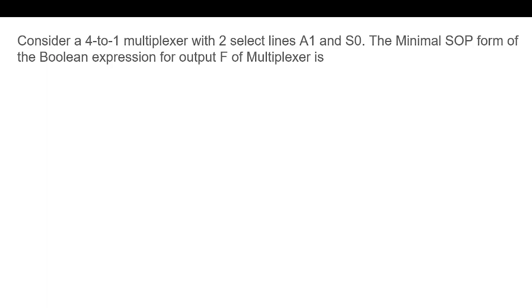Next, consider a 4 to 1 multiplexer with two select lines S1 and S0. The minimal SOP form of the Boolean expression for F of the multiplexer given in the question is required. It is a 4 to 1 multiplexer, so inputs 0, 1, 2, 3, and two select lines S1, S0.